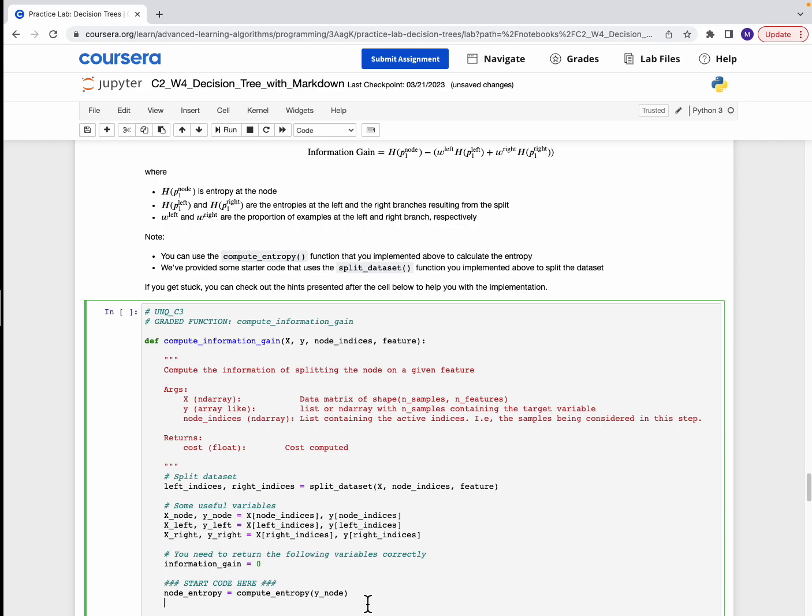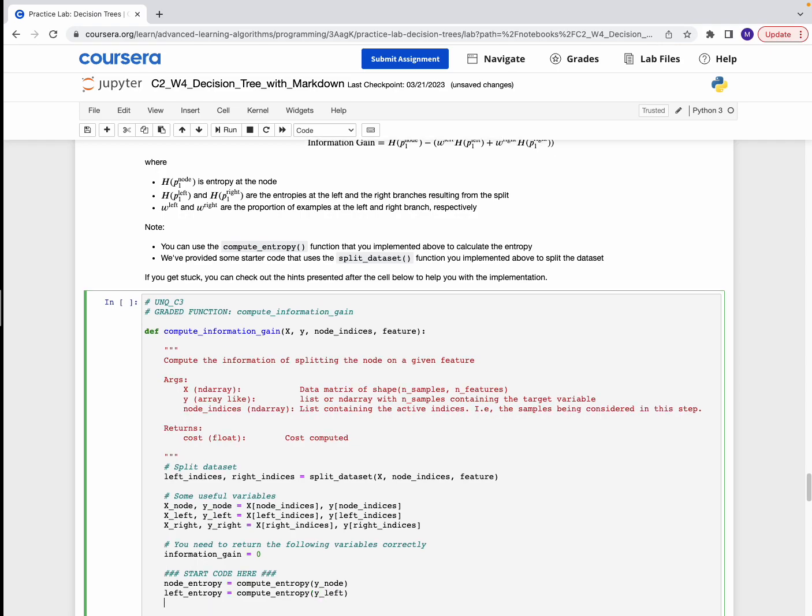And we can also get the left entropy at the left node, which is y left. And the right entropy, which is y right.